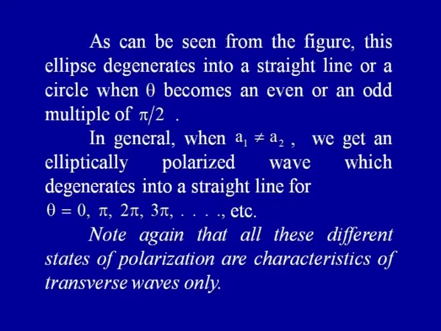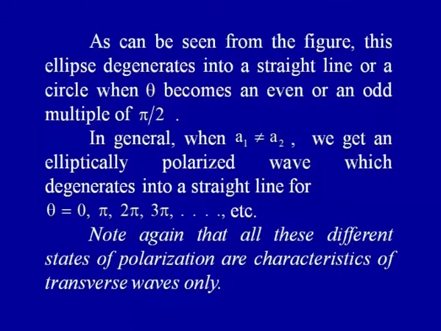Now, as can be seen from the figure, this ellipse in general degenerates into a straight line or a circle, as we have seen, whenever theta becomes an even or an odd multiple of pi by 2.